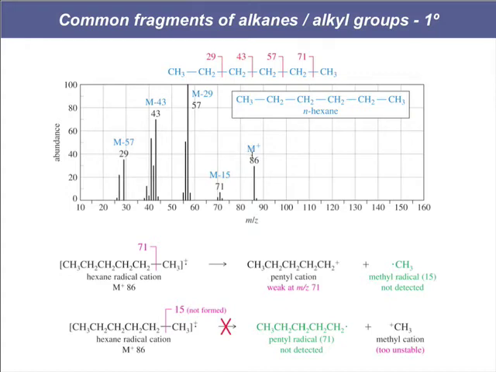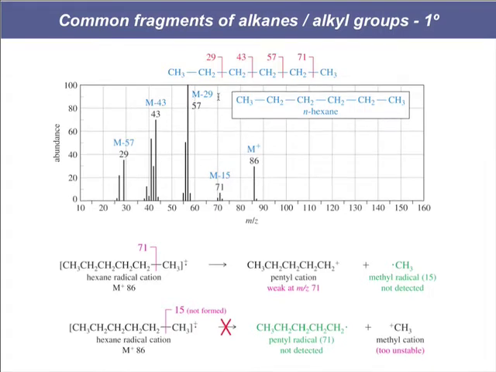Our parent is 86. If we cleave off a methyl, we lose 15. So that gets us 71, M minus 15. If we cleave off an ethyl, 2 carbons, we lose 29. And so we get 57. So 57 is our parent minus 29.